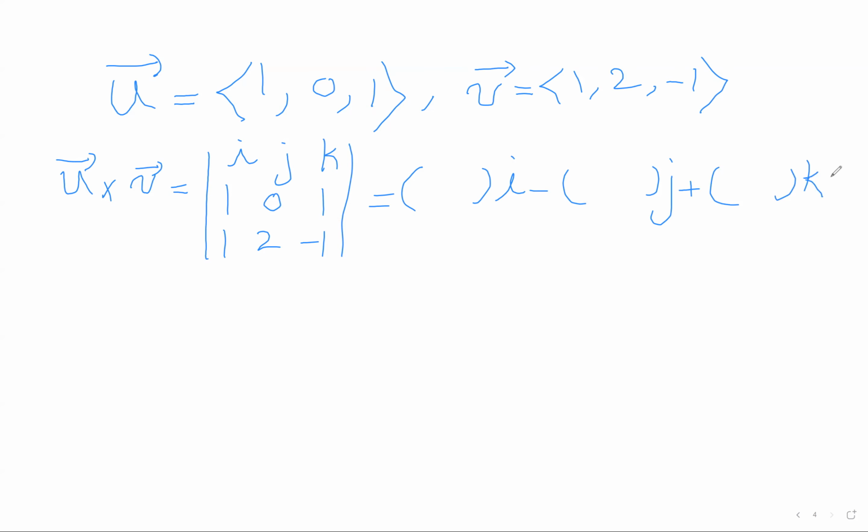So this is the expansion of that determinant. For the coefficient of i, forget about this row and this column: 0 times -1, minus 1 times 2, which is -2. For the coefficient of j, I disregard the first row and the second column and find the determinant of the rest: 1 times -1, minus 1 times 1. It's going to be -2.